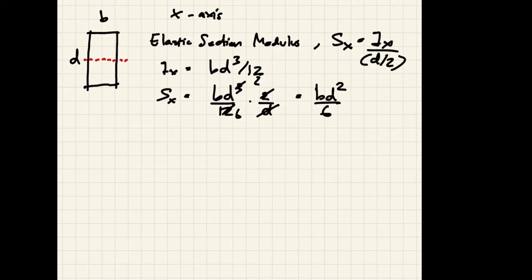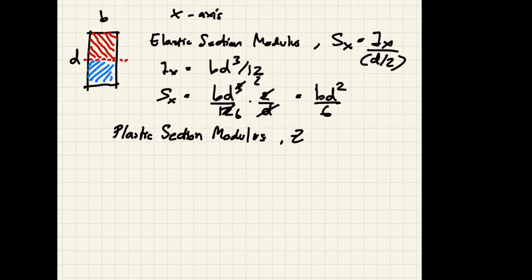So you are obliged to divide the area into two areas, one compression, and okay, tension. Let's use the blue one. So you have two areas. So plastic section modulus now, Zx, is equal to sigma Ai yi.